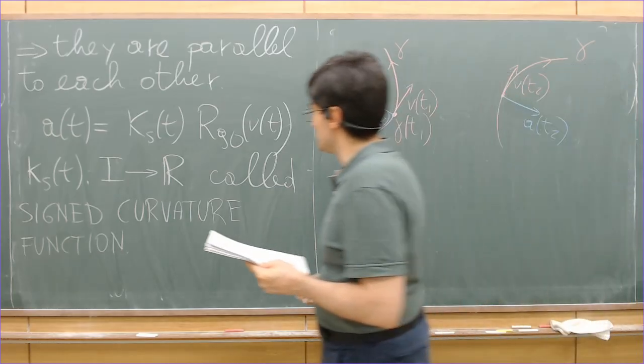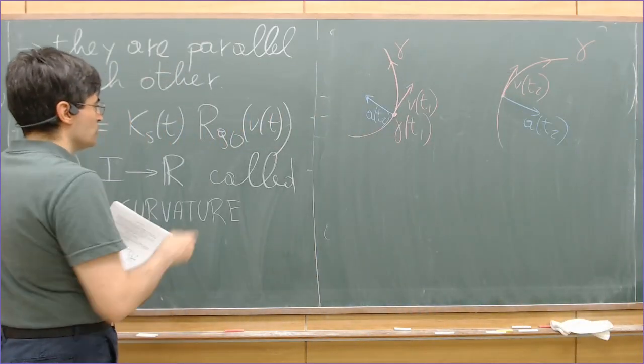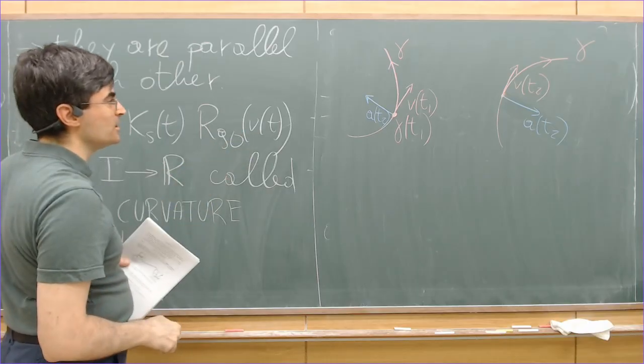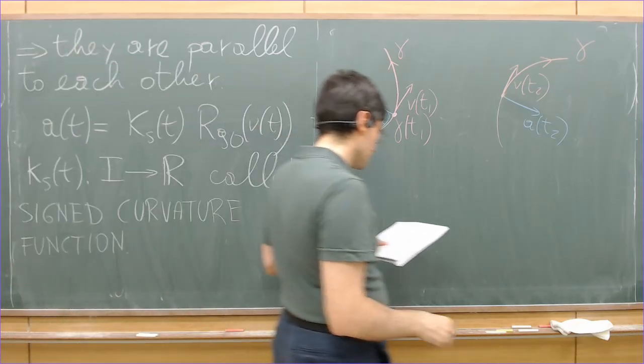Then of course there are also the vectors R90 V(t1), R90 V(t2) to sketch.